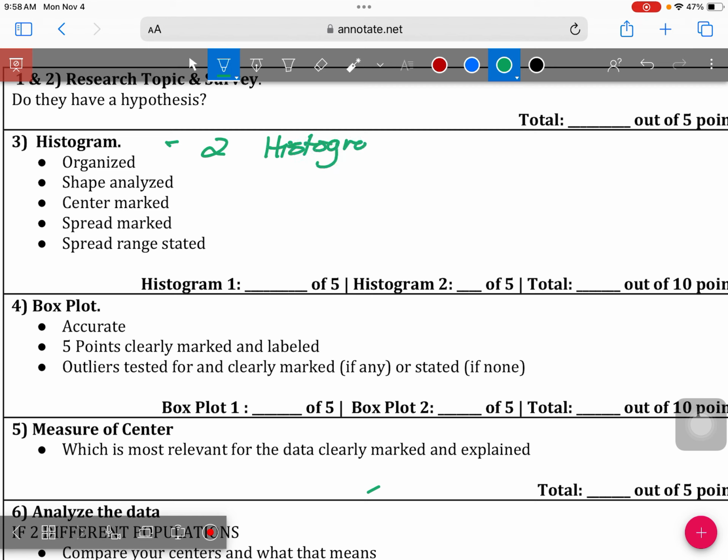If you're talking about reaction time, that is going to be one of the histograms. And if you're talking about height, that is the other histogram. I know how to spell height. I promise you. Okay? But those are going to be your histograms.